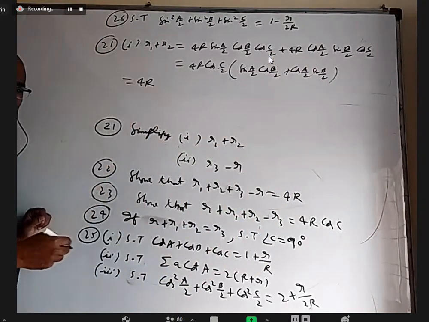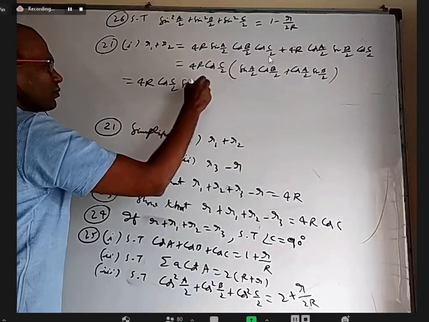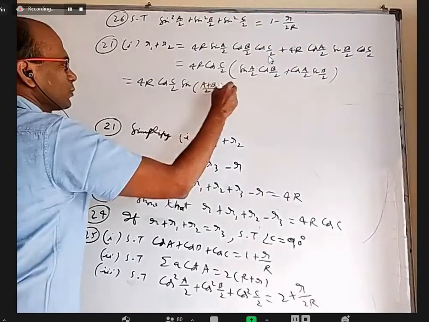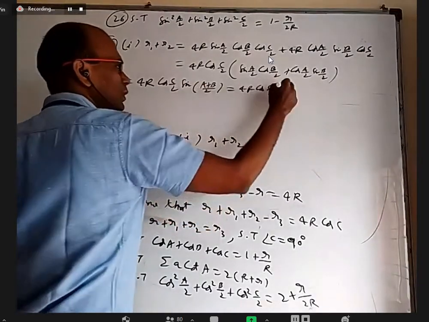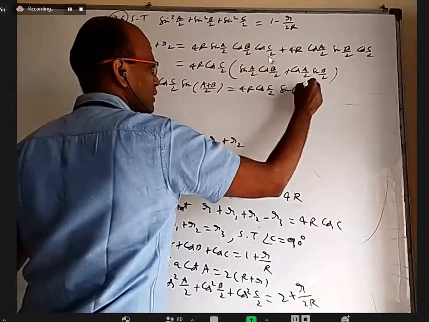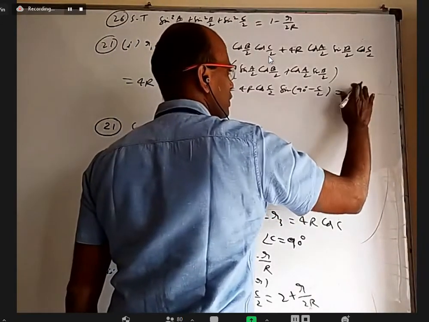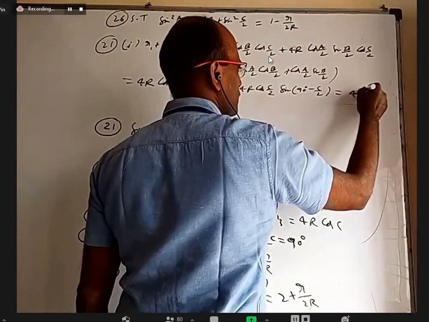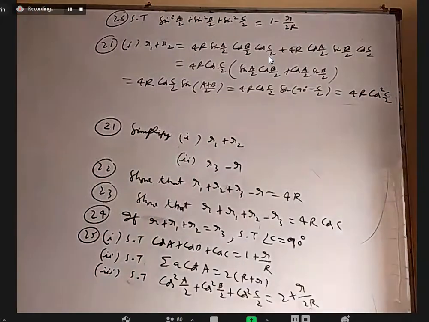That is 4 capital R cos C by 2 into sin of A plus B by 2. This I can write as sin 90 minus C by 2, that is also cos C by 2. So 4R cos square C by 2. So R1 plus R2 is 4R cos square C by 2.